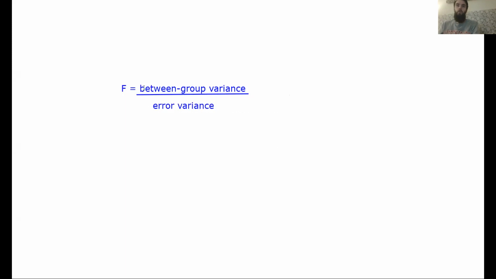Now, if there's no between group variance, as in the second example that we just saw, there's still variability. This is going to be a hard one to wrap your head around. All measurements have variability, going back to day one, right?